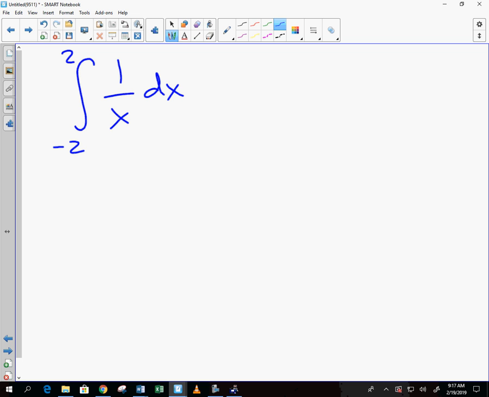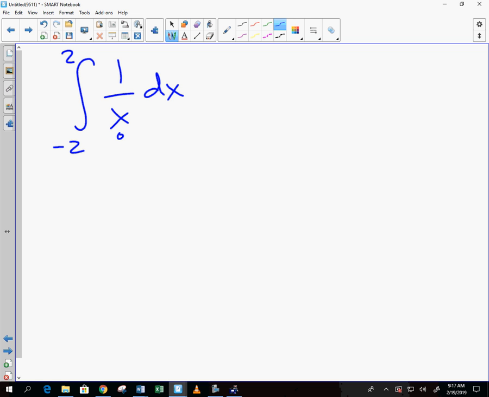Just look at it. Think about it. Okay, anybody notice anything? Where's it discontinuous? Everybody agree it's discontinuous at 0? Does 0 lie between these two? So does the fundamental theorem of calculus apply? It does not.